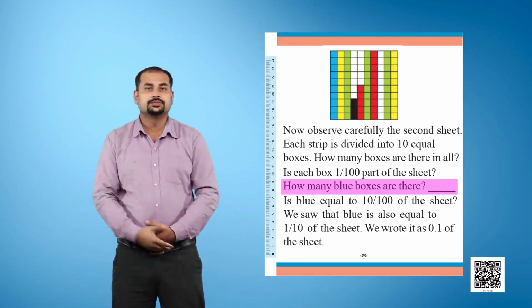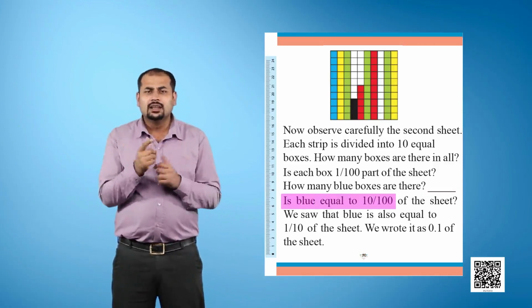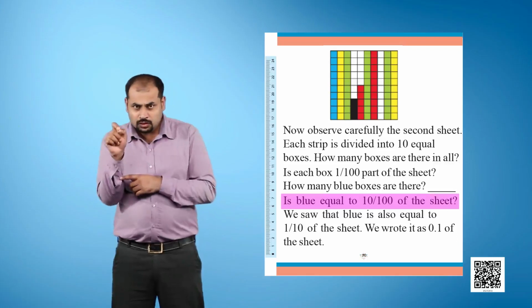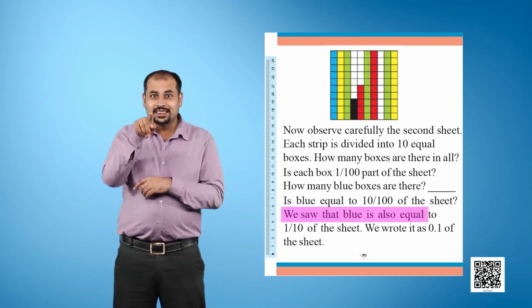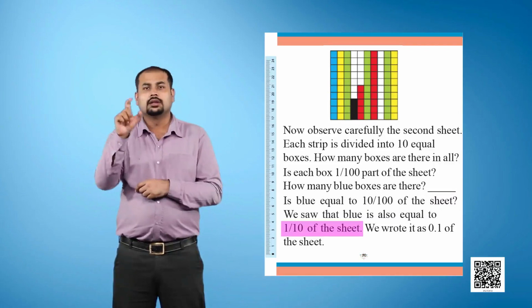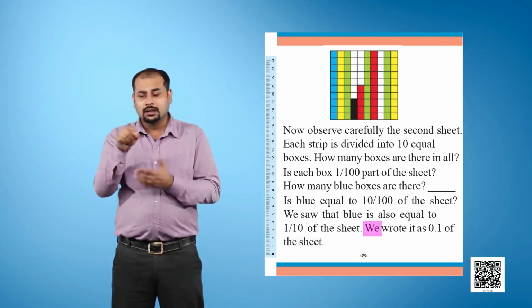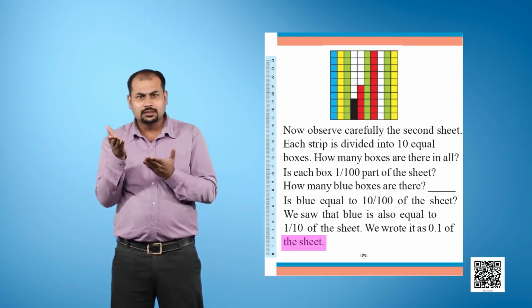Dash. Is blue equal to 10/100th of the sheet? We saw that blue is also equal to 1/10th of the sheet. We wrote it as 0.1 of the sheet.